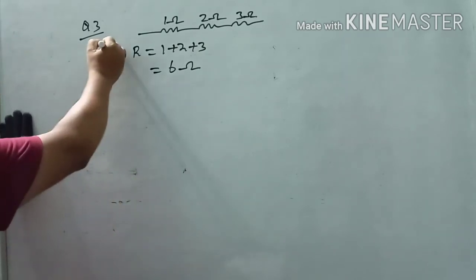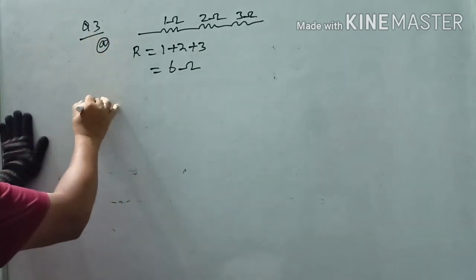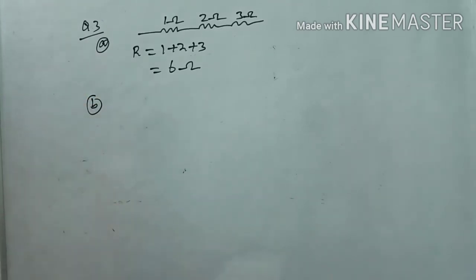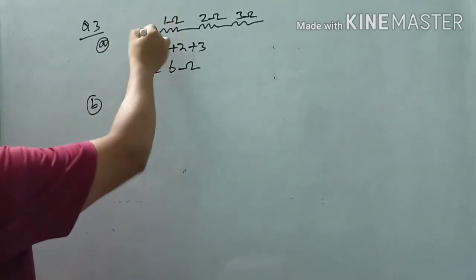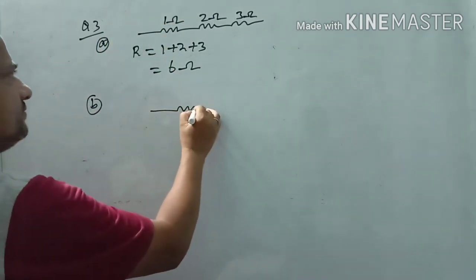Now in the second bit, what is told? You are told to find out the potential drop across each. Suppose it is connected in this question.